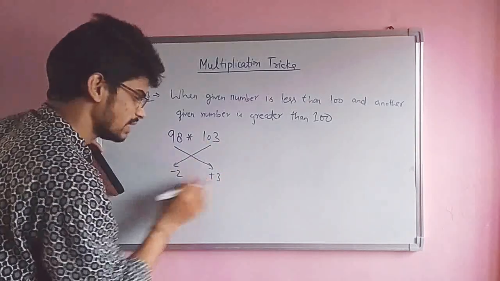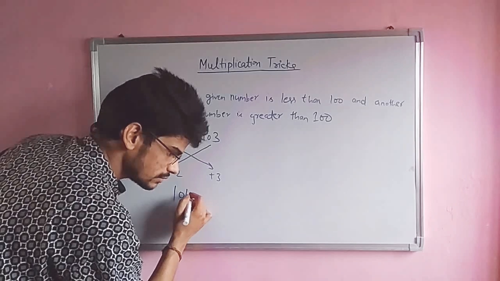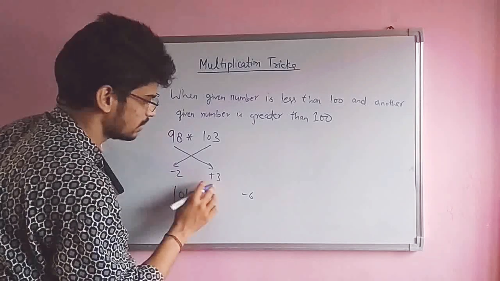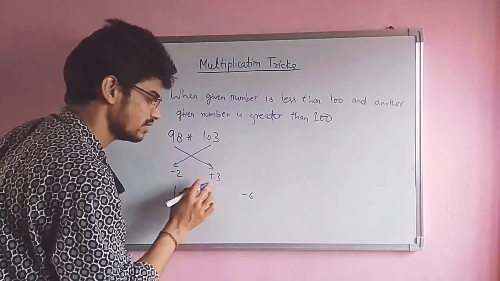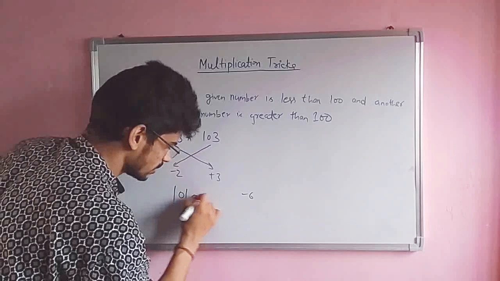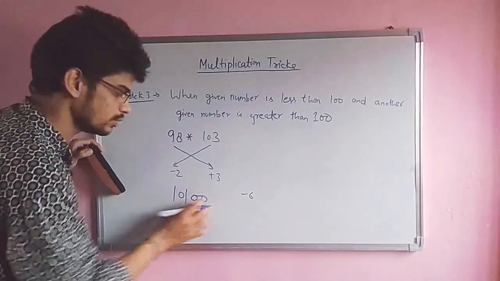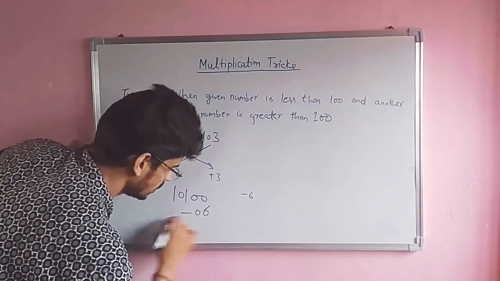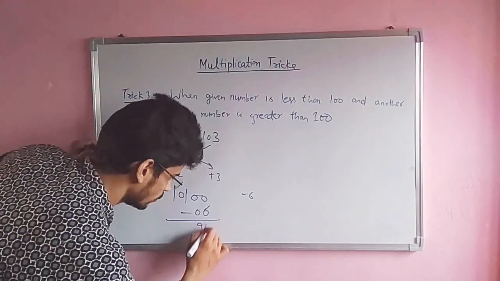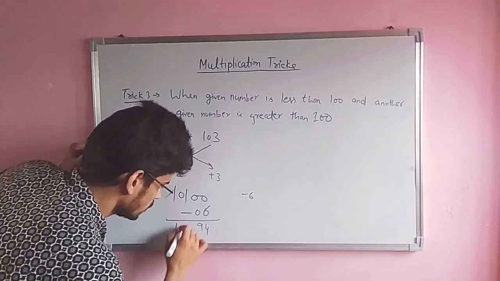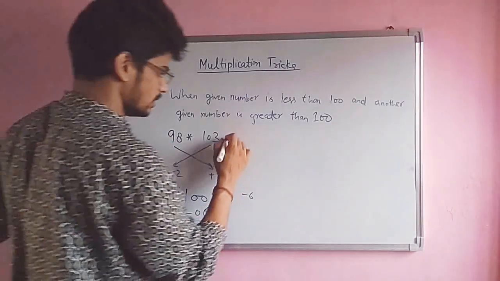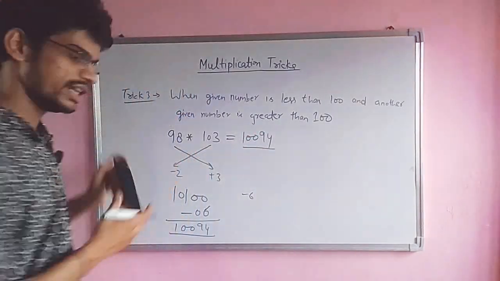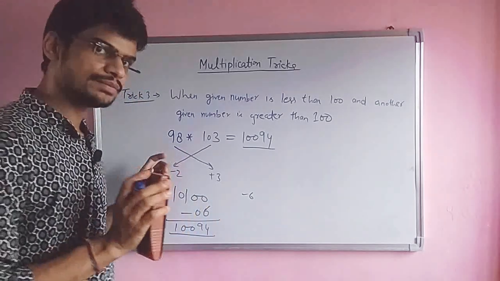Next is multiply the digits, that is minus 6. Now add 2 zeros after 101 and subtract the 06 from this value. 10094 is the multiplication of what? 98 multiplied by 103. Clear?